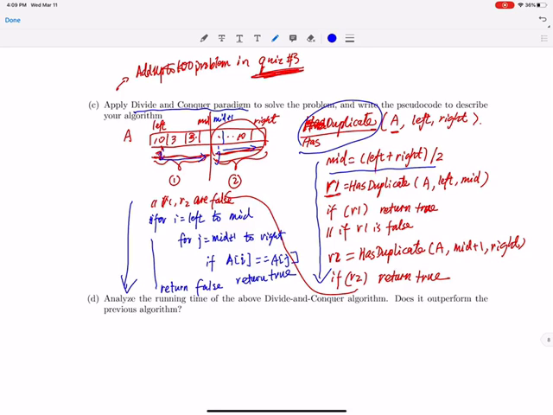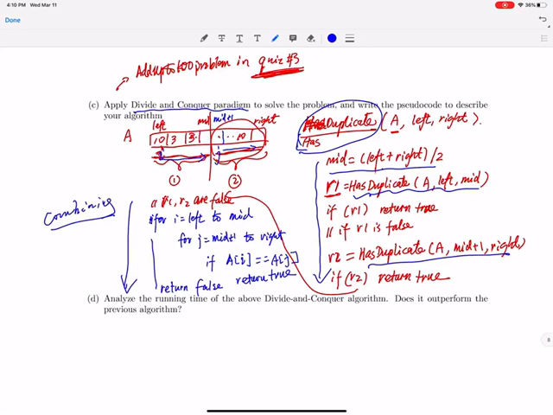But it's different from some examples because in some cases we only solve the left half, and the right half needs to be solved only if we don't find any duplicates in the first half. So divide, conquer, and then this is the so-called combining. Usually there will be some leftover work to do to really solve the whole problem.